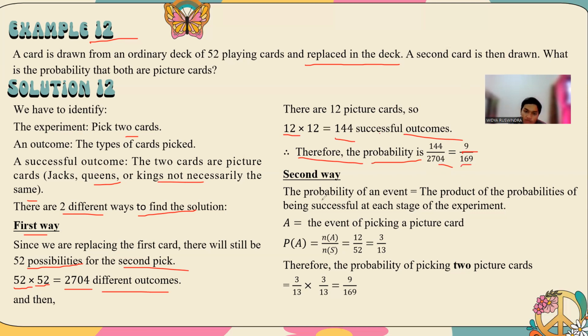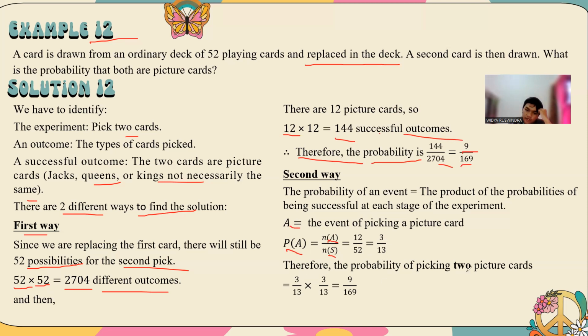For the second way, the probability of an event is equal to the product of the probabilities of being successful at each stage of the experiment. Let's say A is the event of picking a picture card. The probability of A is equal to n of A over n of S, which is 12 over 52, equal to 3 over 13.